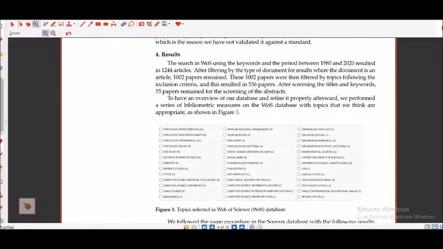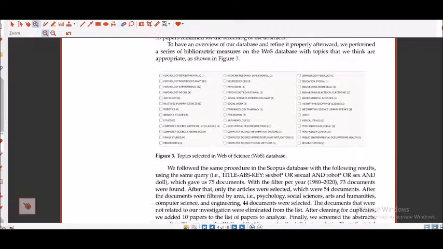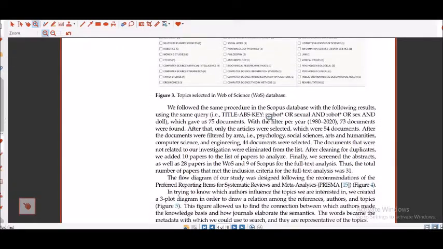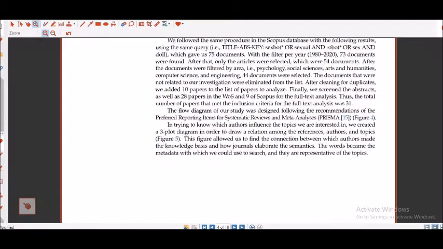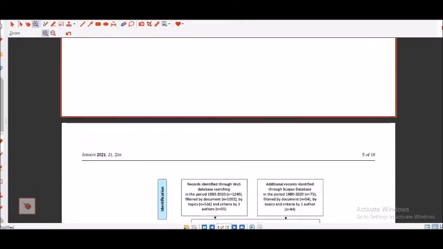So look at the journals that they have selected. These are the psychology development topics selected in the WOS database. That's number one. Later on, they went ahead with the Scopus database also, using the query building forms that are present over there.